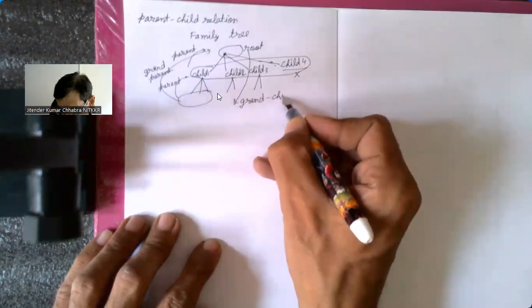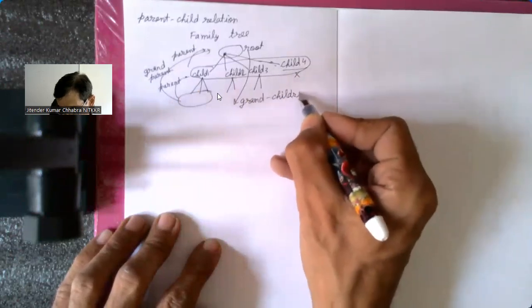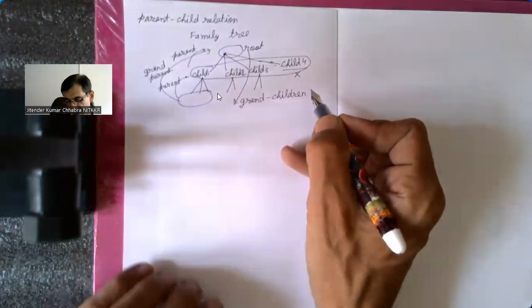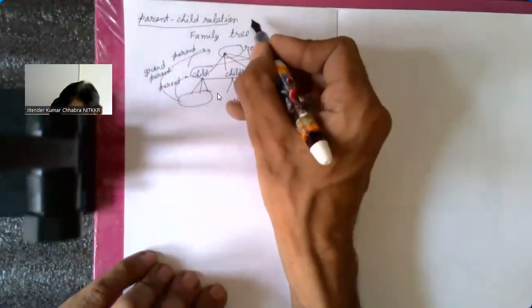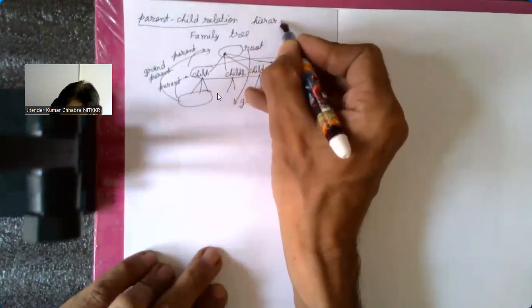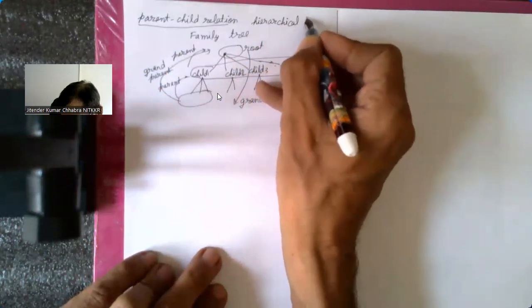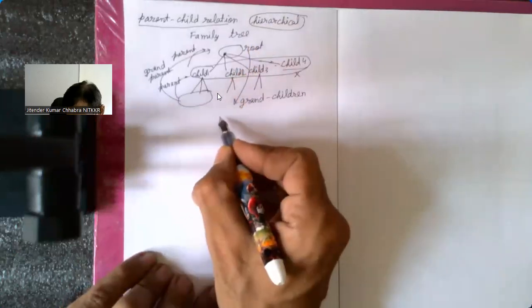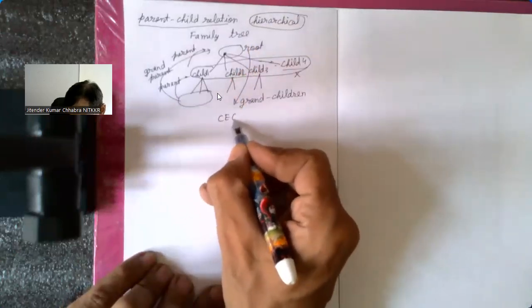So all this terminology is used from the family tree, etc. And we say a parent-child relation exists among every one of them, and that's why it is called a hierarchical organization of the data.